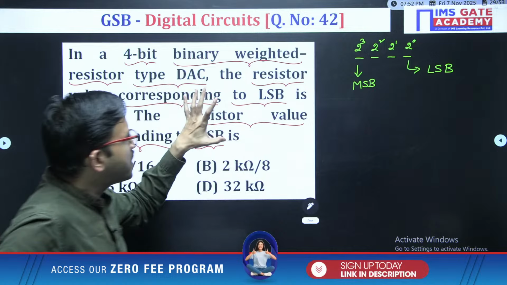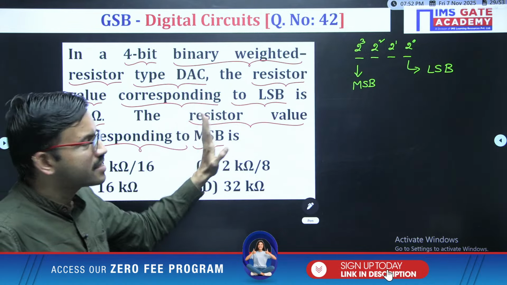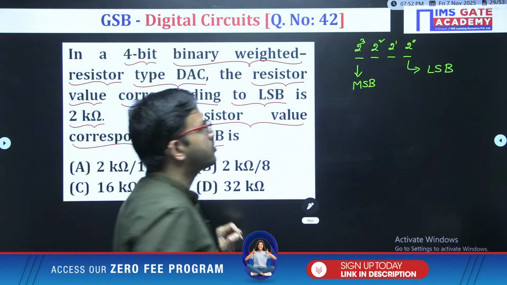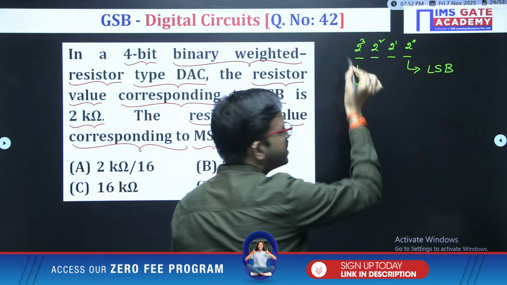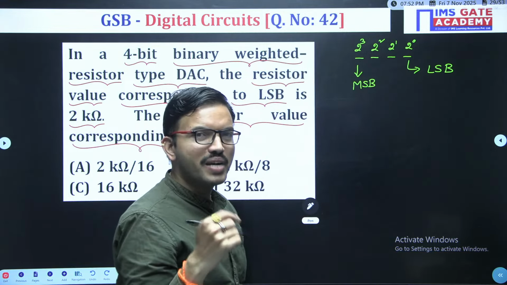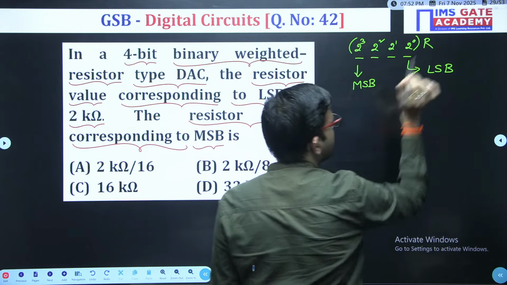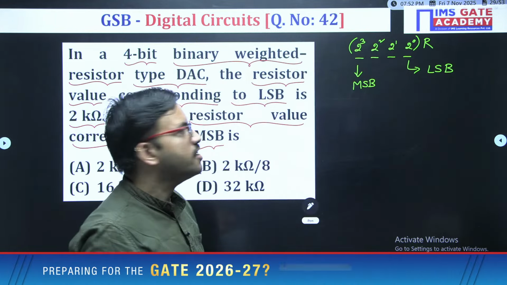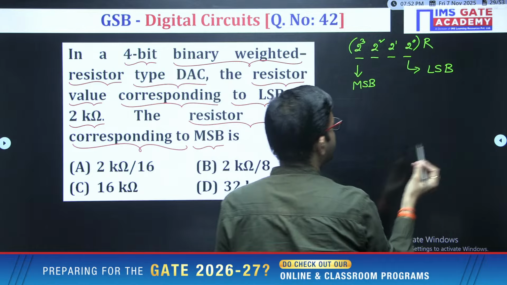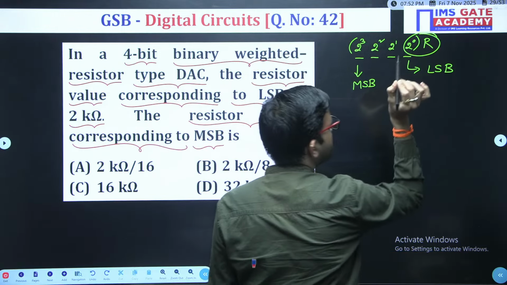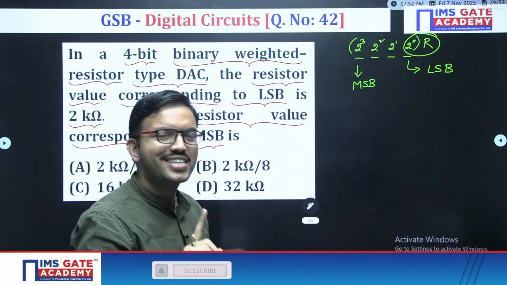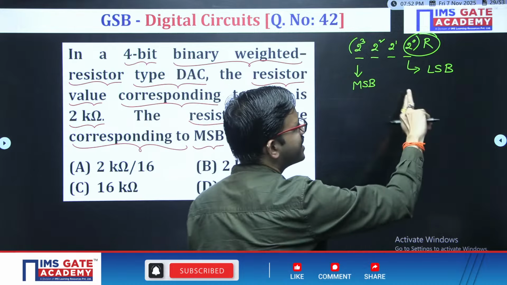Now coming to this circuit, binary weighted resistor type DAC, what do we have to do? Very simple. Whatever the position weights are, we multiply them with one resistor R. And now we are doing a little twist here. Whatever resistor you have, 2 power 0 into R, that resistor value we give for exactly the opposite.